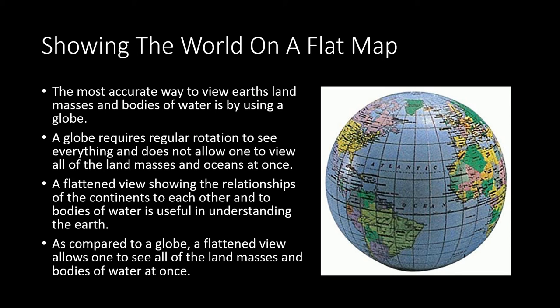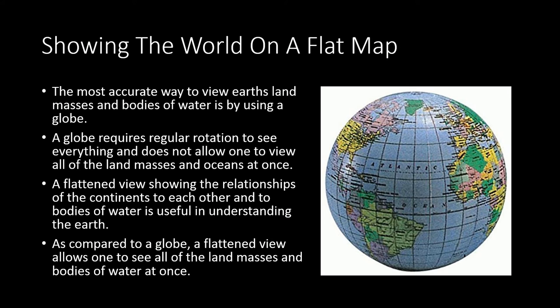You've got to keep spinning it to cognitively map the globe. Flattened views, like the one I showed you in the previous lecture, tend to show all of the continents and all of the ocean masses all at once.